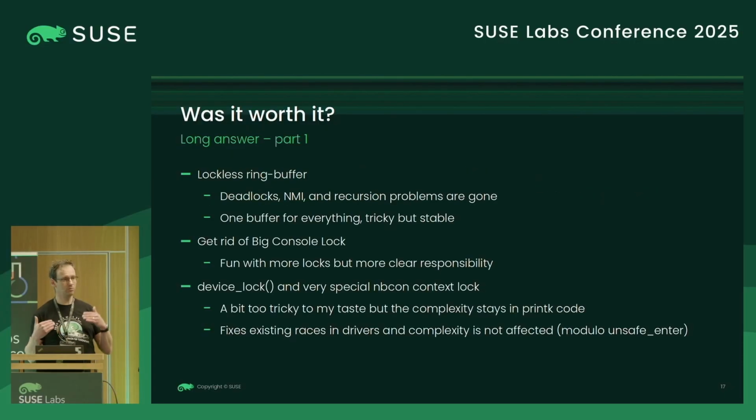And if you look into more detail, the lockless ring buffer solved all the troubles with deadlocks and these temporary buffers and so on. It's complicated, tricky code, but it just works. And it's been there for years already, and I have to knock on wood, it didn't blow up.